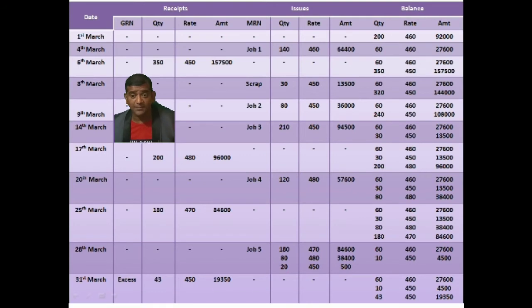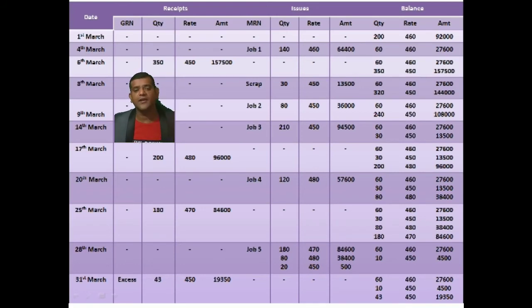Under balance column, now 60 tons 460 rupees, 27,600. 30 tons 450 rupees, 13,500 rupees. So on 17th March, there is a purchase of 200 tons of material, at the rate of 480, that comes to 96,000 rupees.